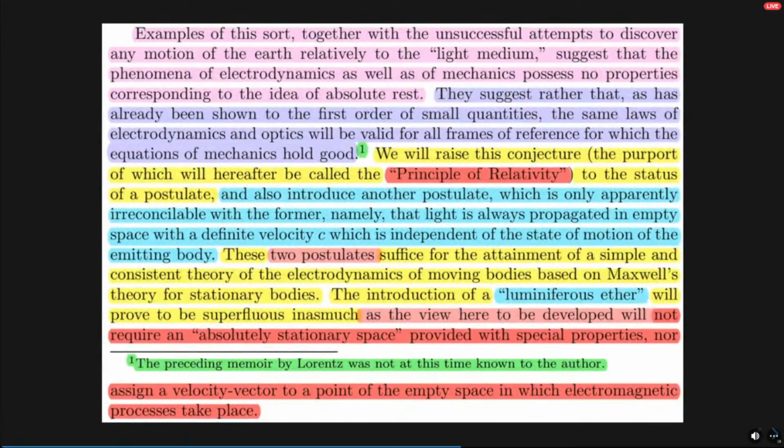So this is going to be super important here. So, newly proposed theory: we're not going to use absolute space to invoke anything, and we won't assign velocity vectors to a point in space in which electromagnetic propagation takes place.